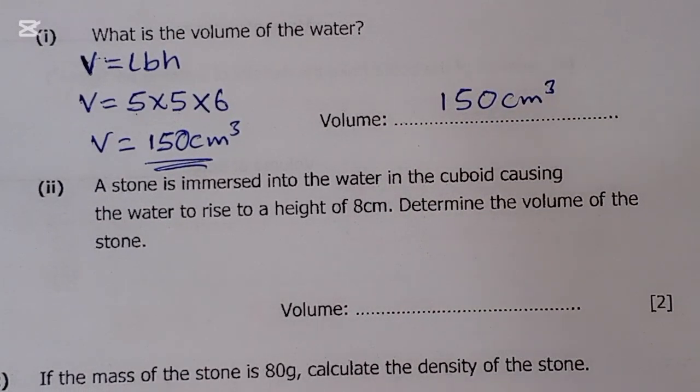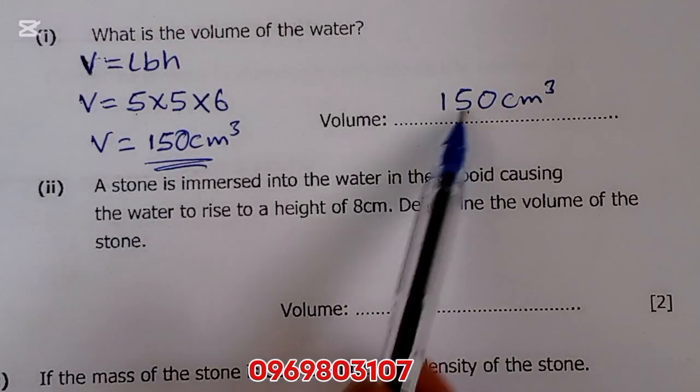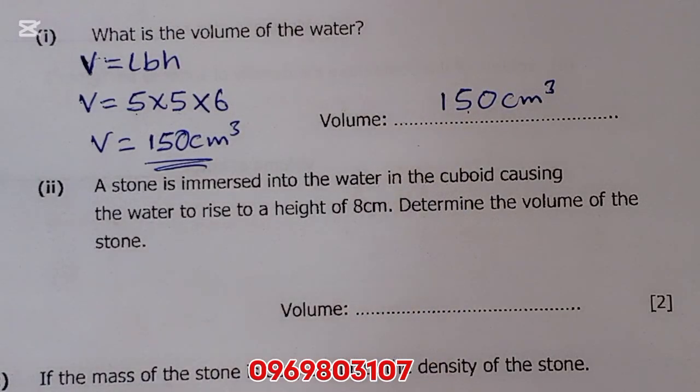Part 2. A stone is immersed into the water in the cuboid, causing the water to rise to a height of 8 centimeters. Determine the volume of the stone. So now we have number 1, which is the volume of water. After we put in the stone, the height became 8.